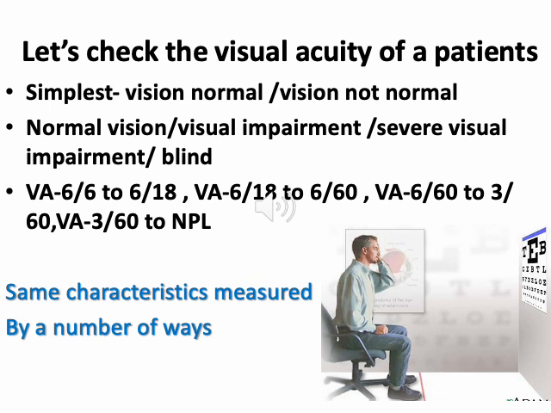Another way, which is more scientific, we all know, we move to a Snellen chart and we decide our visual acuity from 6 by 6 to 6 by 18, 6 by 18 to 6 by 60, 6 by 60 to 3 by 60, 3 by 60 to no perception of light, and so on. So the fundamental message I want to convey over here is the same characteristic is measured by a number of ways.